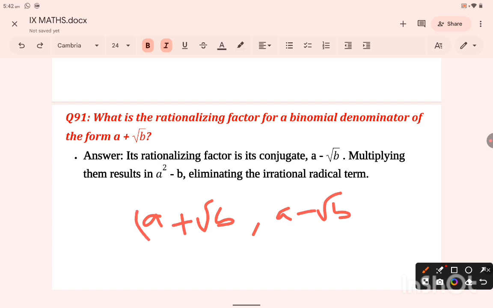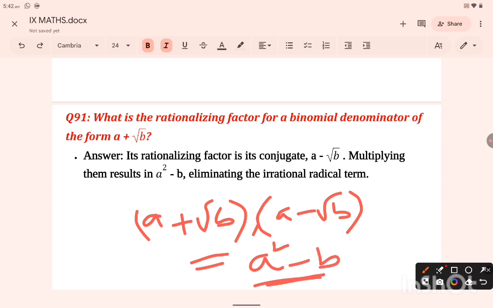So a plus root b into a minus root b is in the form of a plus b into a minus b, which is equal to a square minus b square, where a is a and b is root b. So a square minus root b whole square, which is b. Therefore, the rationalizing factor of a plus root b is a minus root b.